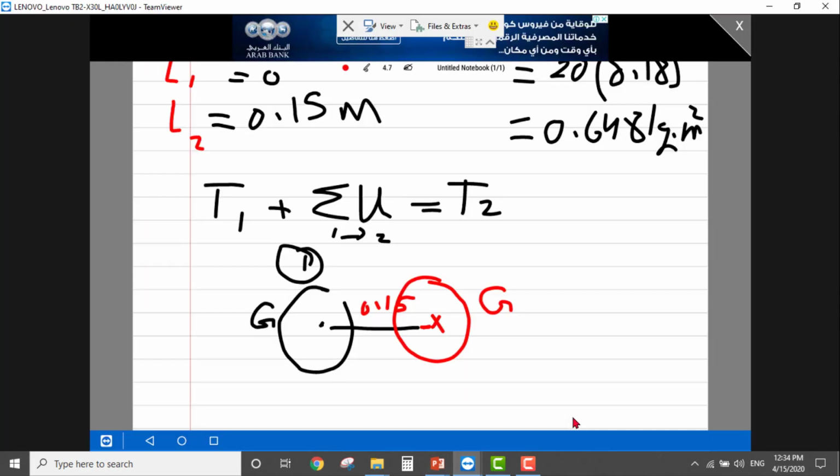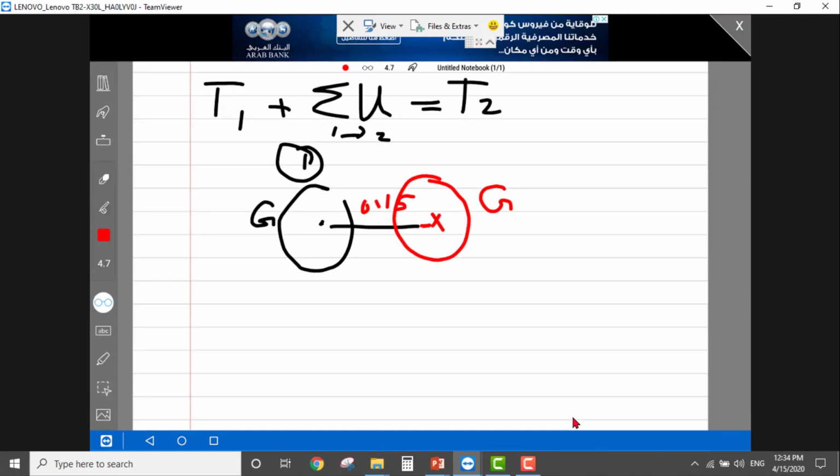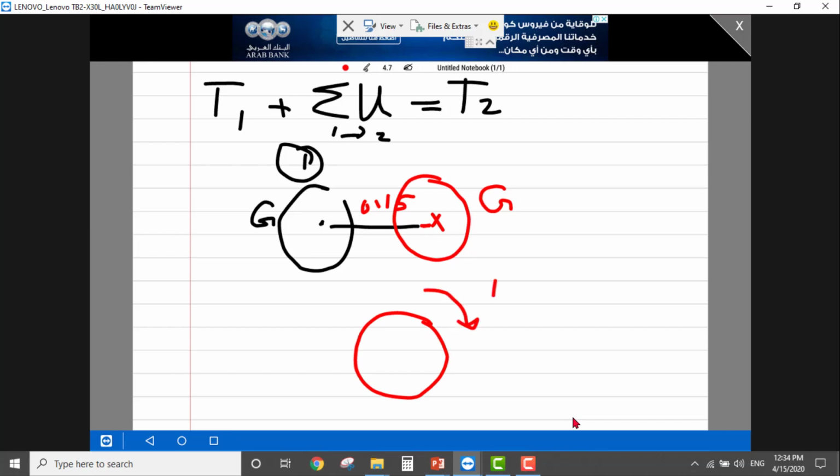So let me go back to the question. Finish solving board, sorry. So in state 2, what do we have? Here is the wheel. We have couple moment applied, which is 22 Newton meter.